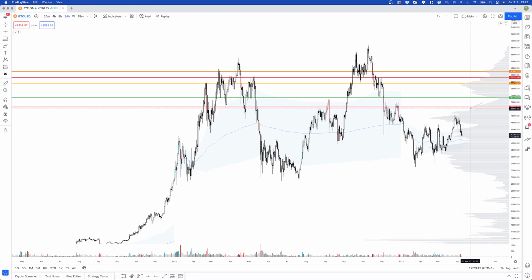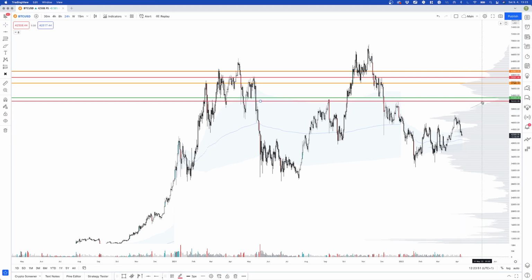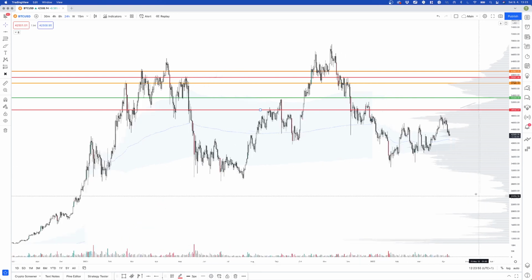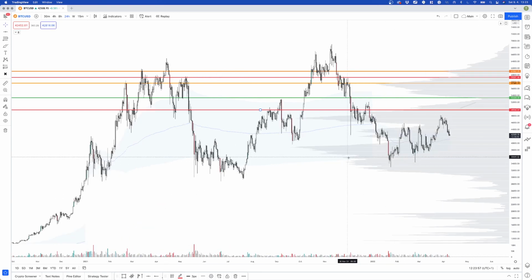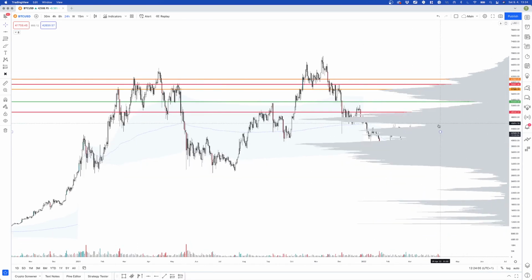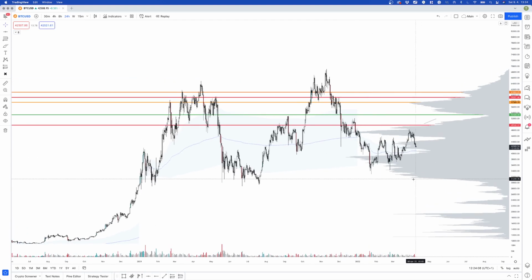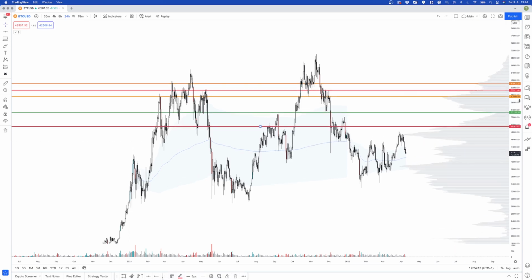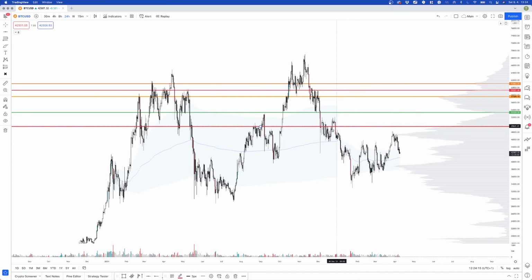So this is definitely the edge for me. I wouldn't mark it like this, I would mark it like this. This is a similar thing which is happening when we go all the way down here. You can see this decreasing volume, which the market tends to trade through fairly quickly. So this is what I would mark out. Okay, so the edge of this high volume node, and the level I would line it up is here.